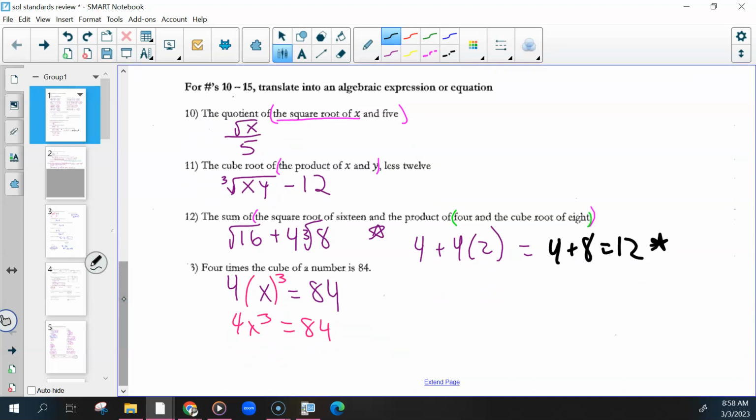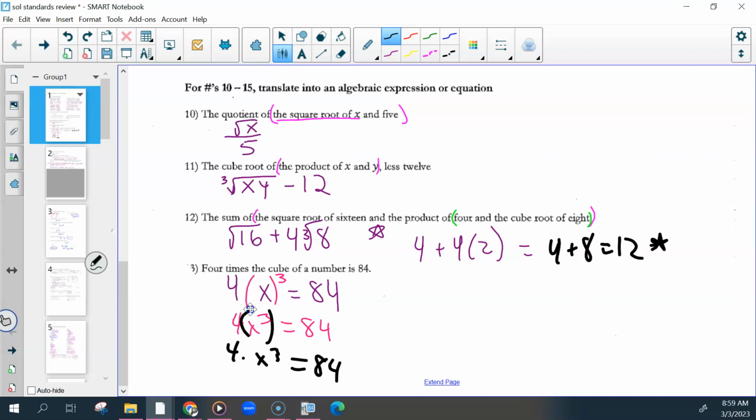So you could either write it like this, or write it like that, or write it with the dot. What you can't do is put 4x in parentheses and then the cube. That would be 2 different things. So any of those.